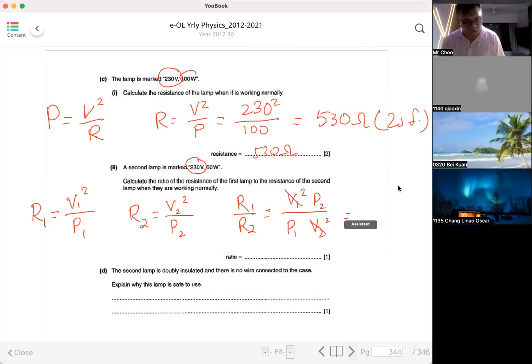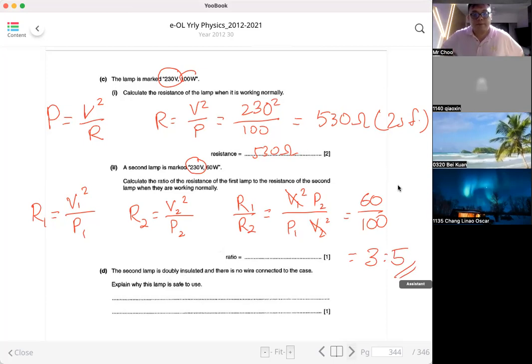So P2 over P1. Okay, so can I get P2 over P1 to be 60 over 100, and therefore your ratio is 3:5. Are you clear about this?